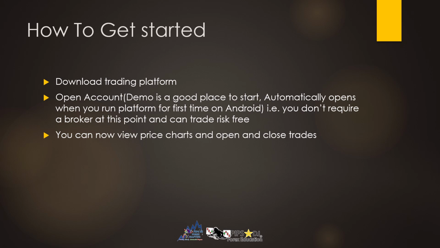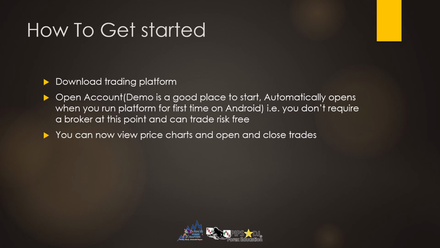You start by downloading the trading platform from metaquotes.com, or you simply go to your Play Store or your App Store if you're using devices other than Android. And then as soon as you have the app installed, or the desktop application or Mac application, you'll find that it will open up.